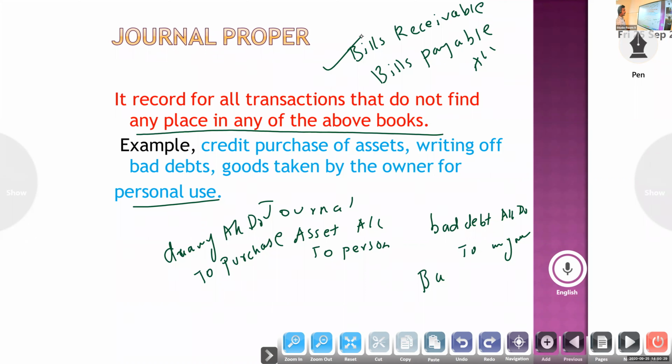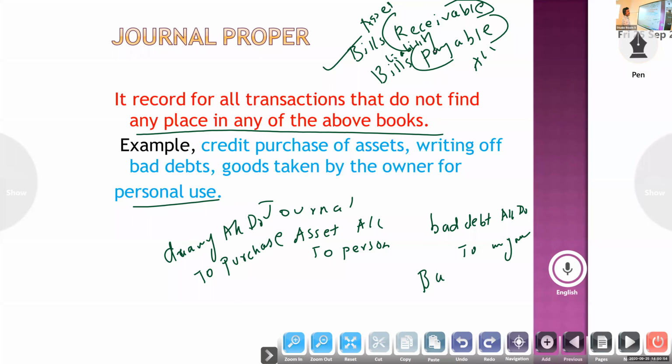That is bills receivable. Suppose you purchased goods on credit from any supplier, we will give the bill. Here we will receive the bill, there we will pay the bill. Bills receivable is an asset, bills payable is a liability.